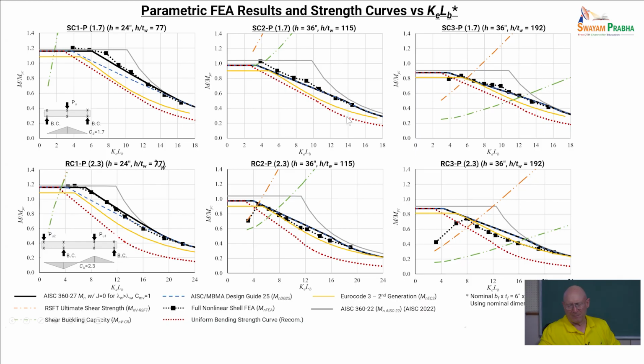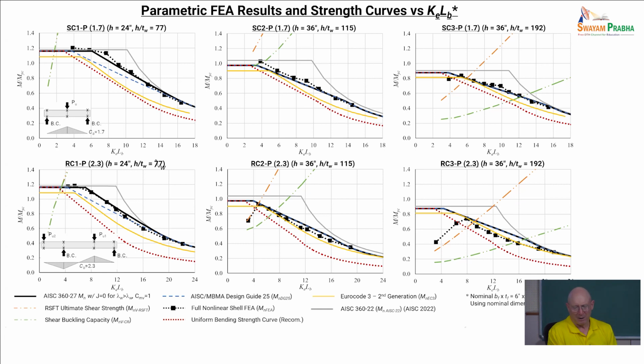And our best take on what's going on here is, using the Eurocode 3, we're basically required to use curve D of the LTB curve, which is the most damning; it gives you the lowest predictions in strength.